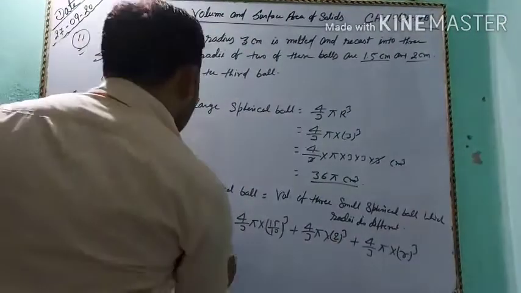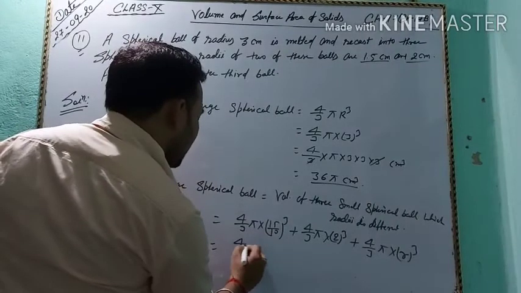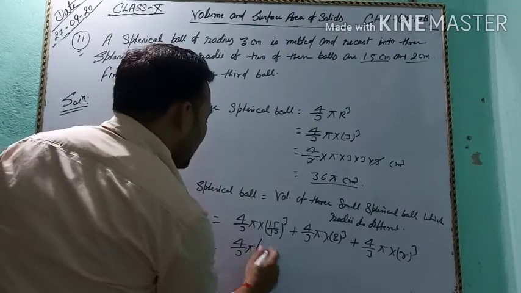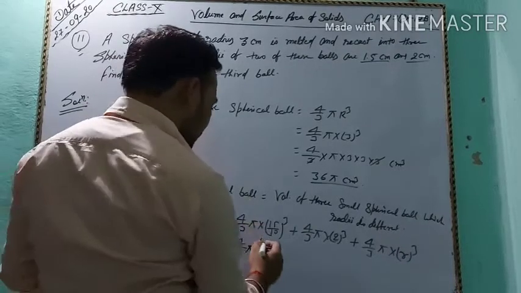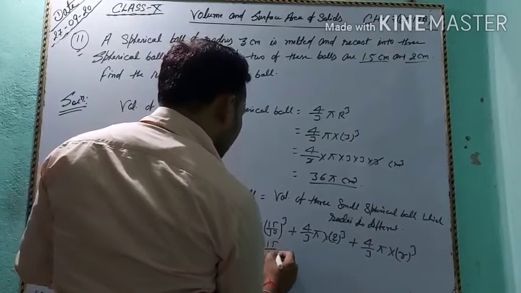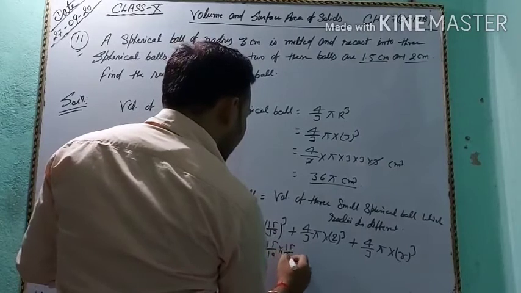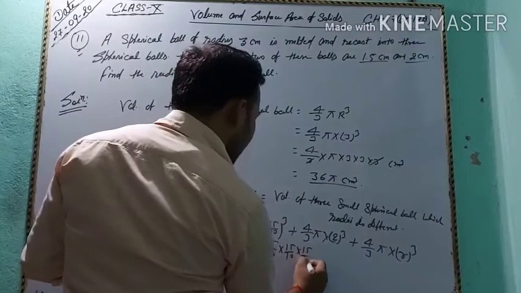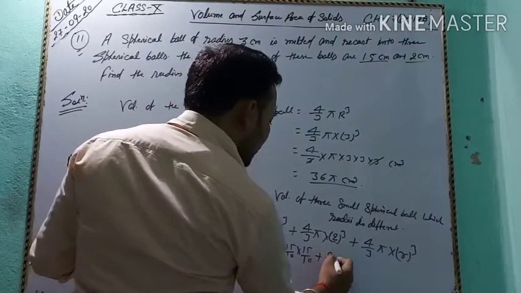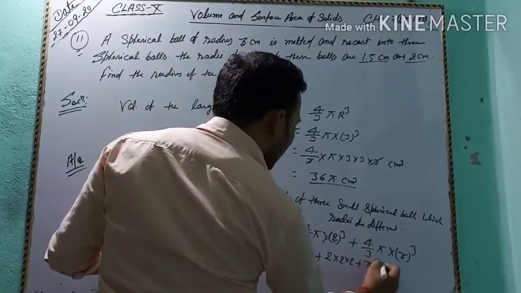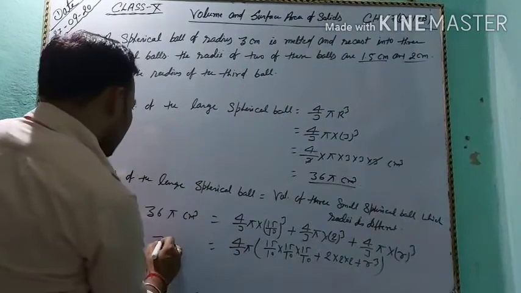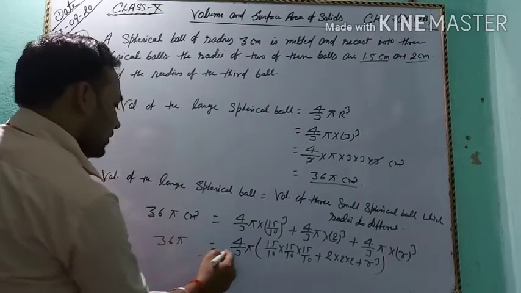Okay, students, 4 by 3 pi is common, that is 15 by 10 multiply 15 by 10 multiply 15 by 10 plus 2 multiply 2 multiply 2 plus r cube. Okay, that is 36 pi.